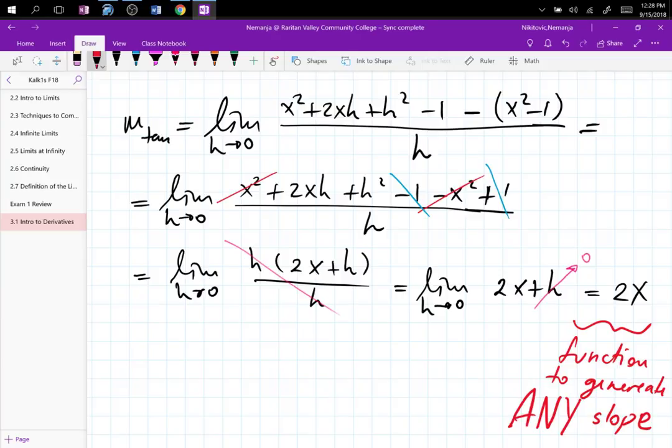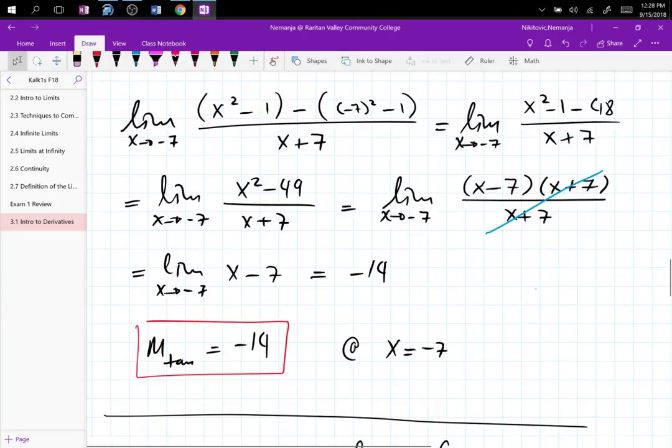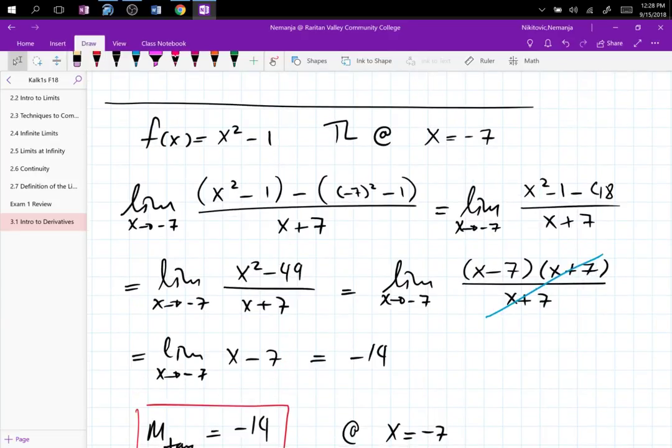So now, you give me x, I give you the slope like this. X equals 1, slope is 2. X equals a half, slope is 1. X equals 0, slope is 0. X equals 100, slope is 200. See how quickly you can come up with slope? You do not have to redo this calculation because someone gave you a wrong number to begin with, right?